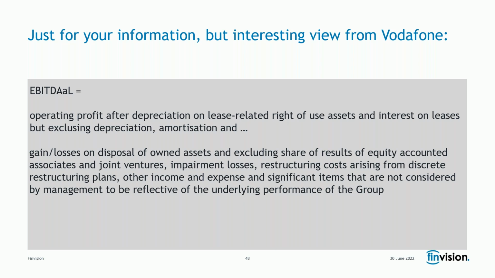But I think this is an interesting one, because IFRS 16 is influencing the EBITDA significantly and doesn't show a correct EBITDA anymore. EBITDA is a measure for the cash flow, but if you eliminate IFRS 16, there's still a monthly or yearly cash flow going on, which is your monthly payments.